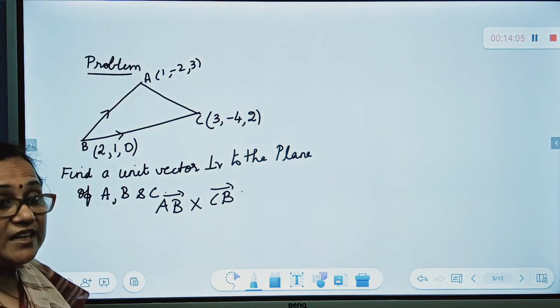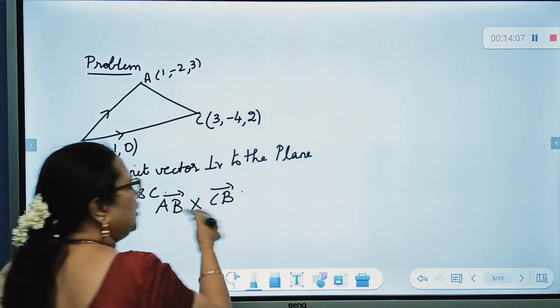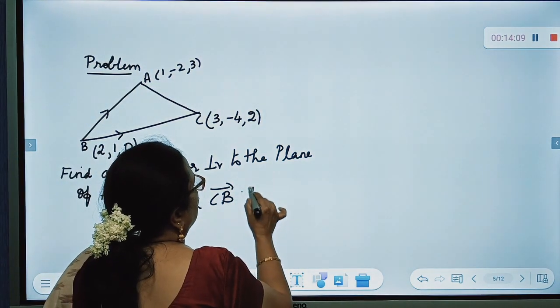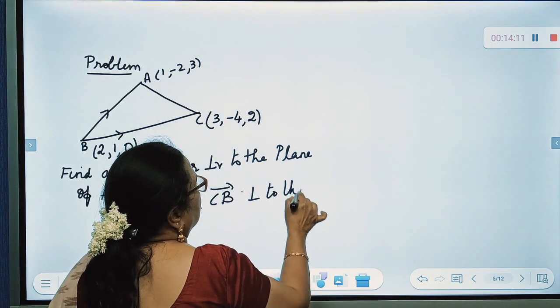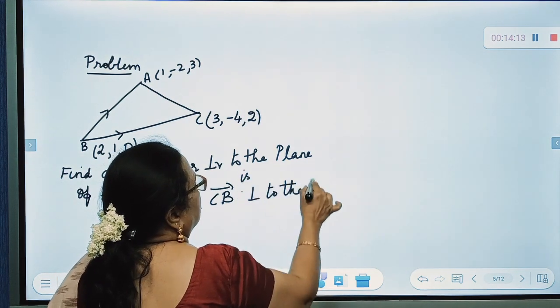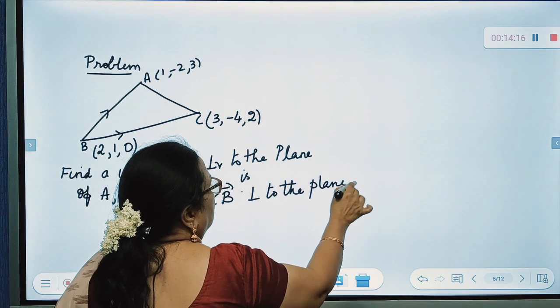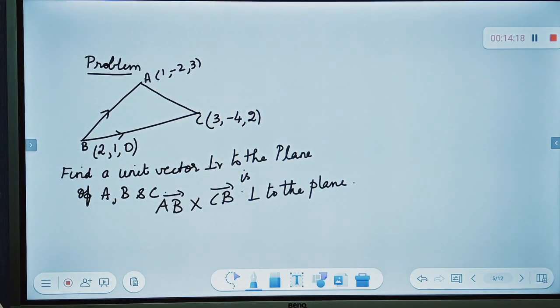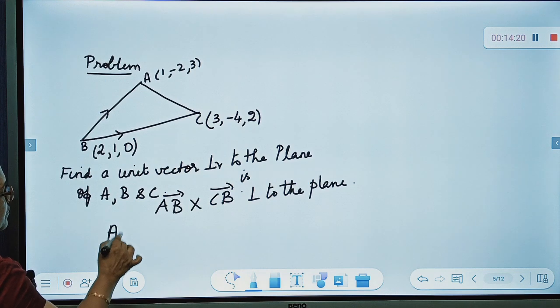First let me find a vector that will be perpendicular; any two vectors. So I have just taken this, which is perpendicular to the plane of A, B and C.